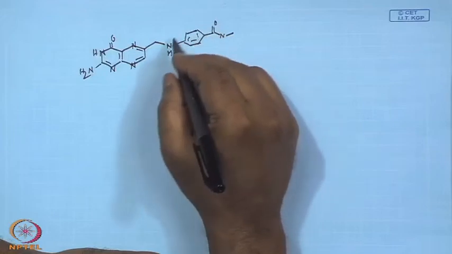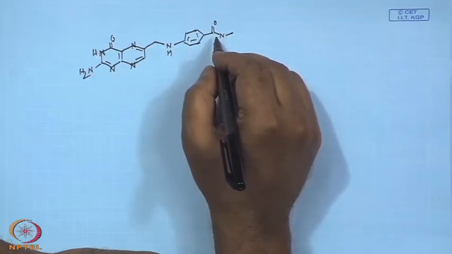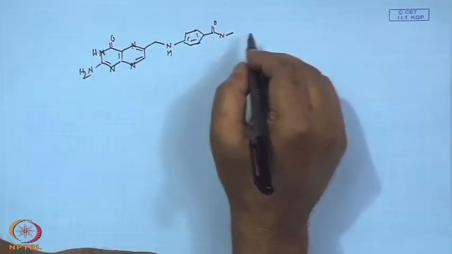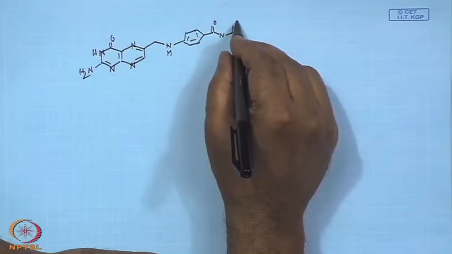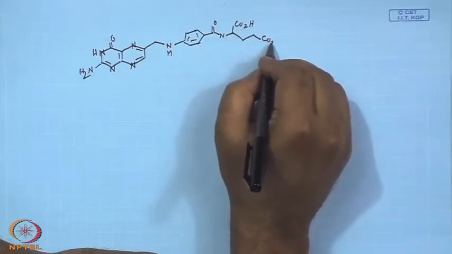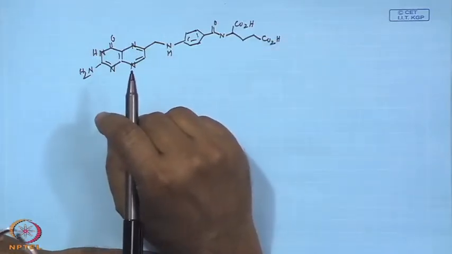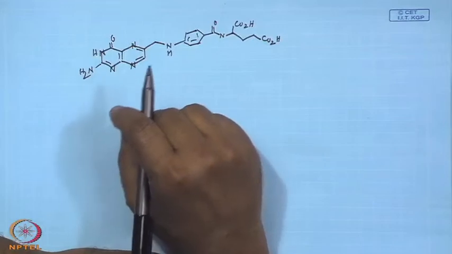it has a name. I think many of you have studied medicinal chemistry or PABA, right? PABA, para-aminobenzoic acid, and then this one, let us see how many of you know this amino acid. Glutamic acid.